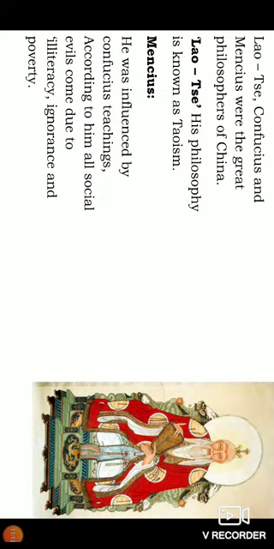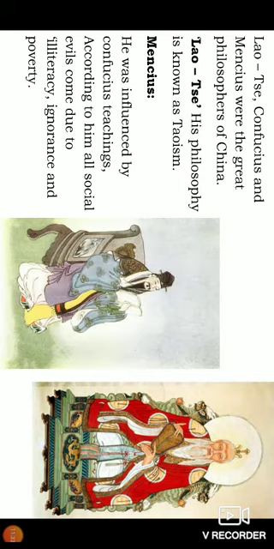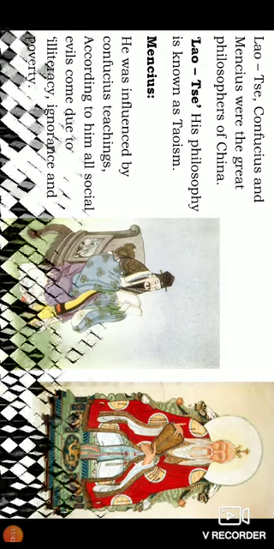Next is Mencius. Mencius was a philosopher influenced much by Confucius, the great teacher of China. He lived between 372 BC and 289 BC. His early name was Mengzi. He taught that every person must have equal rights.